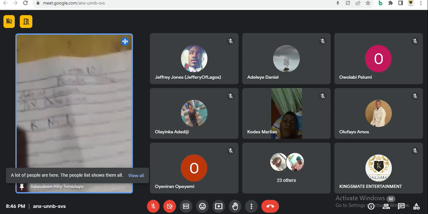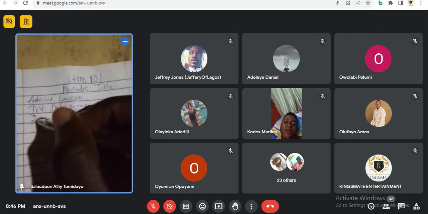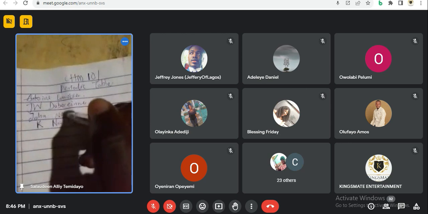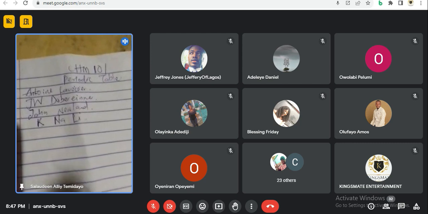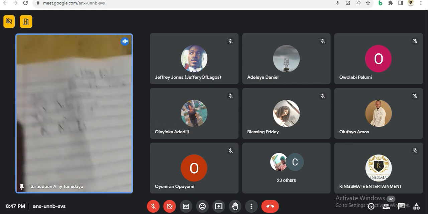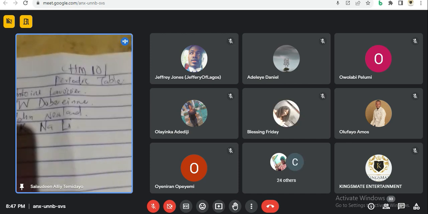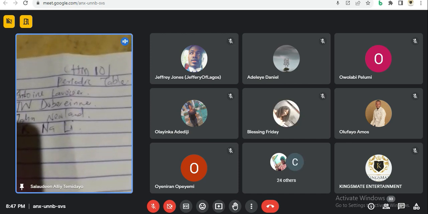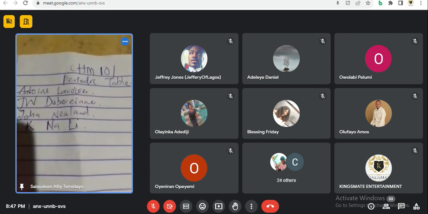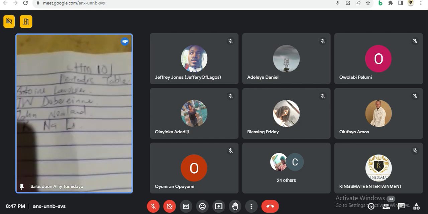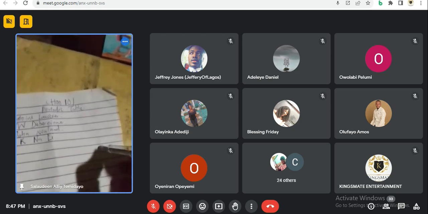So after Dobereiner, we also have another scientist that worked towards it. That was John Newlands. John Newlands was also a scientist that was into music. He was into music and he was a great scientist, a chemist to be precise. So he also made his own contributions. He arranged elements row by row, one after the other, in 8s, like first element, second element, up to the 8th element.